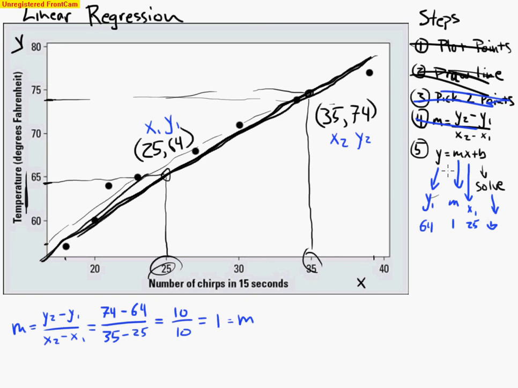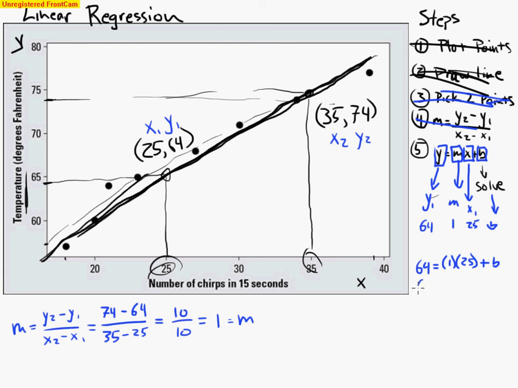So I'm going to take this equation and rewrite it with all of these plugged in. So I have 64 equals 1 times 25 plus b. See how this turned into 64, this turned into 1, this turned into my 25, and this stayed a b.